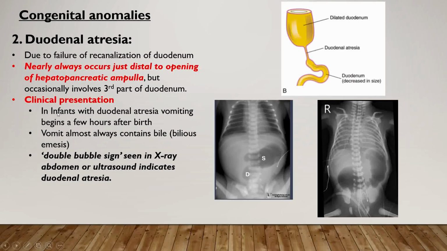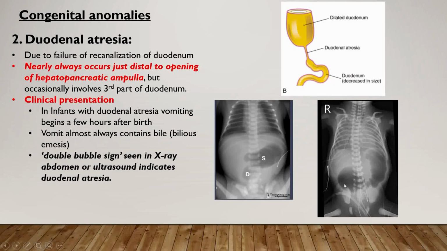Clinically, it presents in infant with vomiting which begins few hours after birth, and here vomit almost always contains bile. So this is bilious vomiting, and there is a double bubble sign seen on X-ray abdomen or ultrasound, which indicates duodenal atresia.